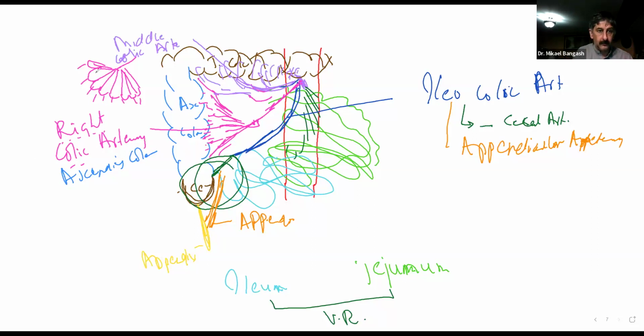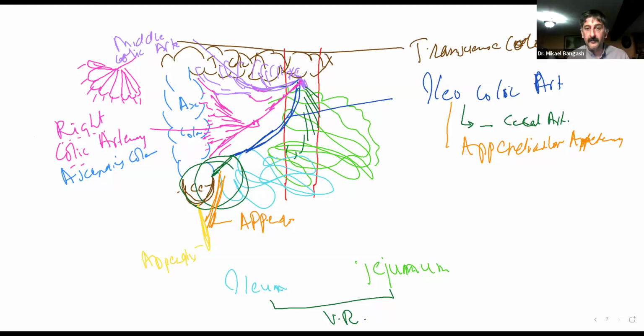And that's mainly going to be responsible for supplying blood to the transverse colon. Now, how much of the transverse colon? Mainly the first 2/3 of the transverse colon.